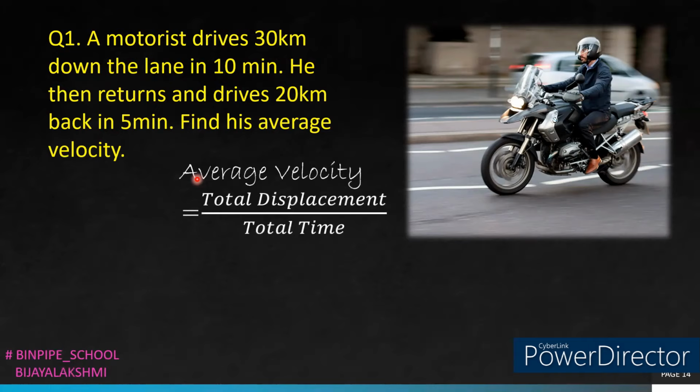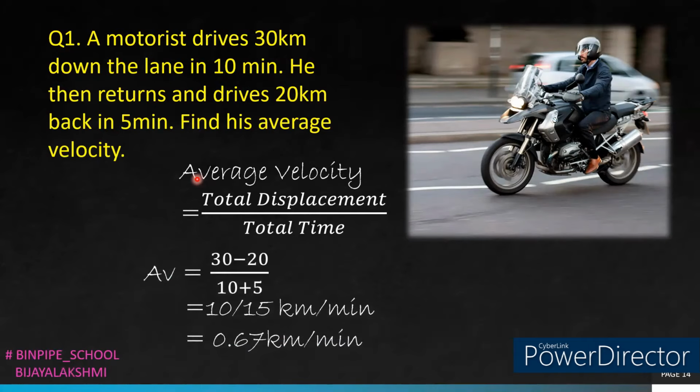So that is how we are going to put the value here as 30 minus 20 divided by the total time taken, that is 10 minutes added to 5 minutes. So we get 10 divided by 15, that is 0.67 kilometer per minute. So this is how we are going to solve.